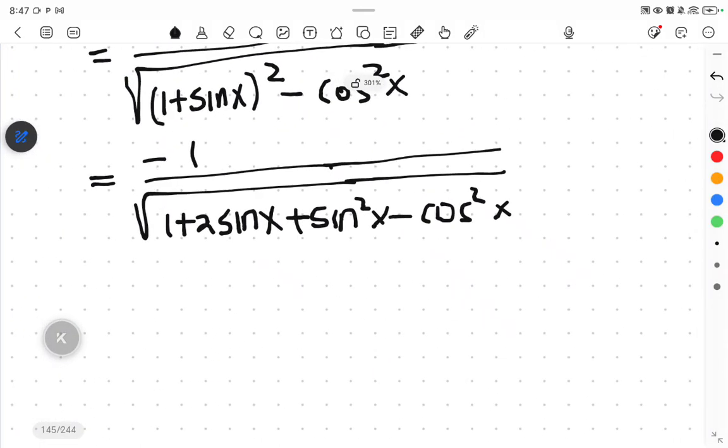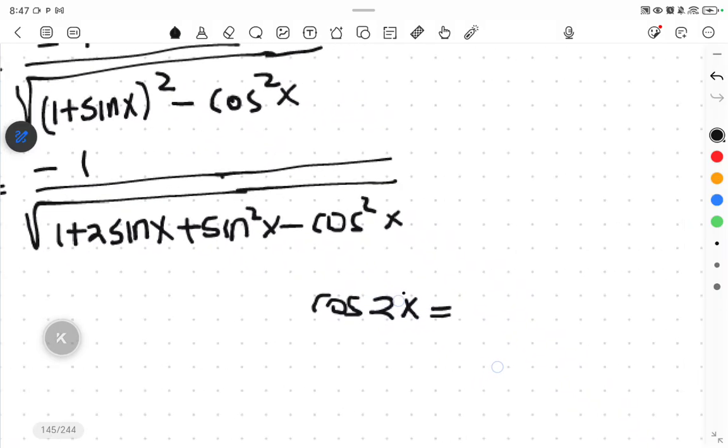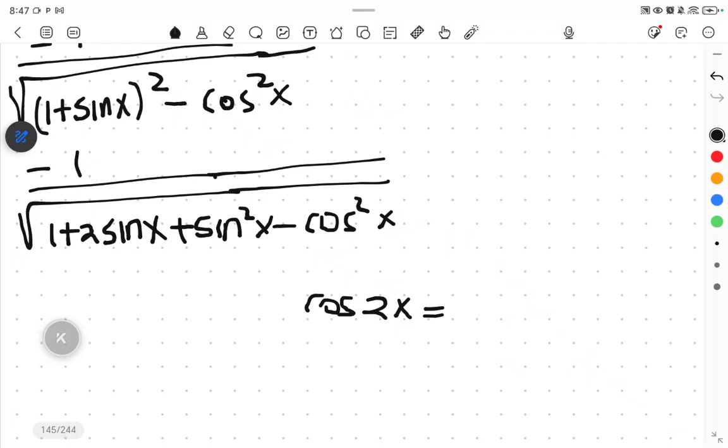That is not sine, it's cos. So that cos, not cos squared, cos 2x is equal to cos squared x minus sine squared x.